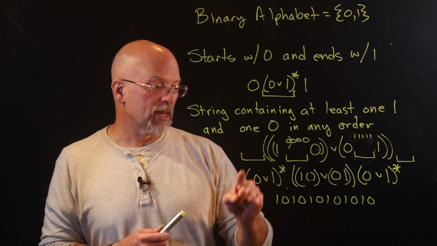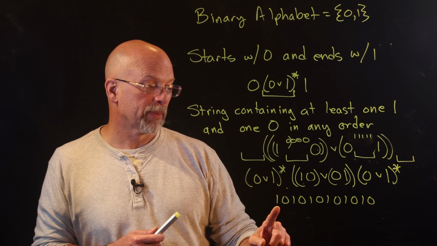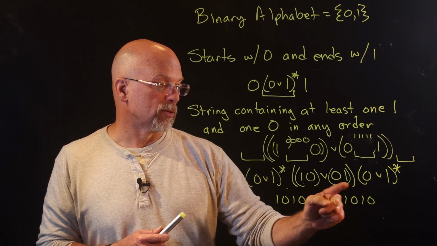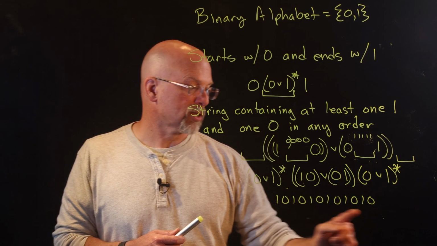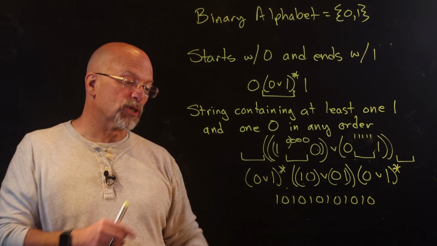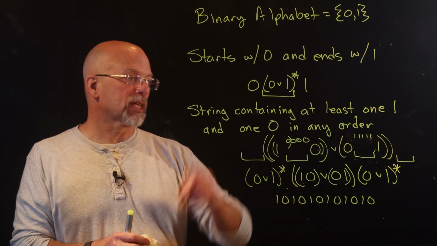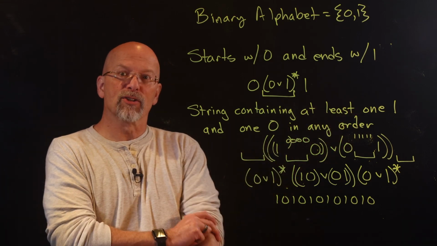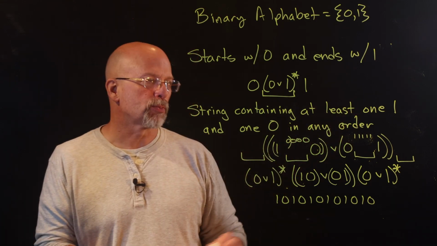Or I could have this regular expression generating a 1, and then we have 0, 1, there's the 0, 1, and then the rest of the string being generated by that expression. So there are a number of ways that this particular requirement or this particular regular set could be generated by a regular expression.